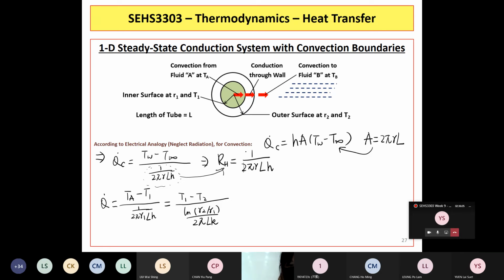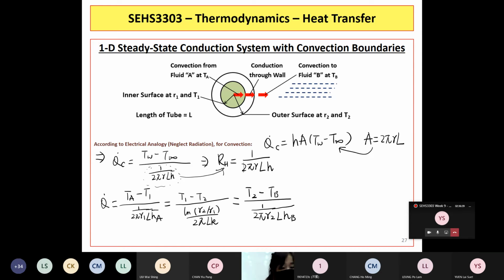It also equals to the convection from the outer surface of the pipe to the fluid B. So T2 minus TB, the change of temperature divided by the thermal resistance, that should be 1 over 2 pi R2 LH. Here should be HB, sorry, here should be HA, right?